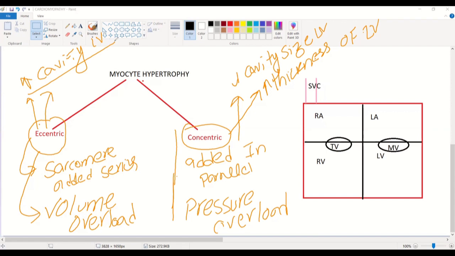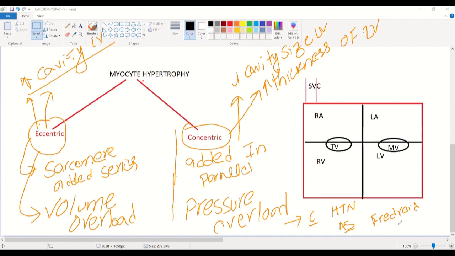So the conditions which lead to the concentric hypertrophy are chronic hypertension, aortic stenosis, and Friedreich ataxia.